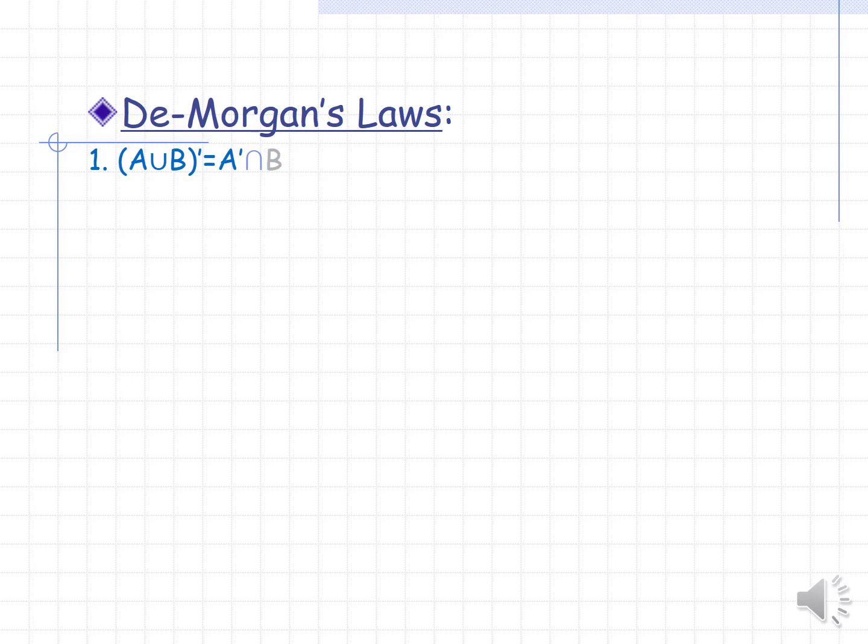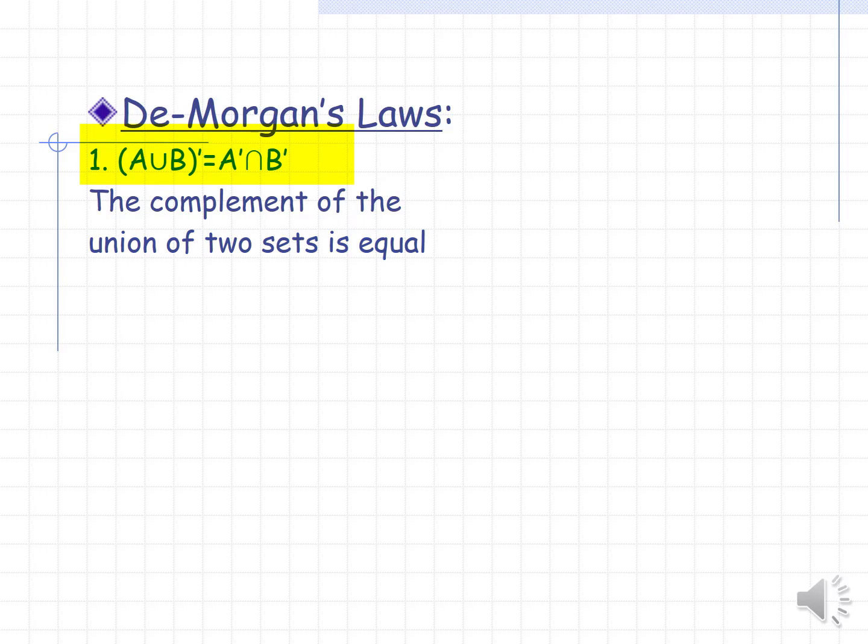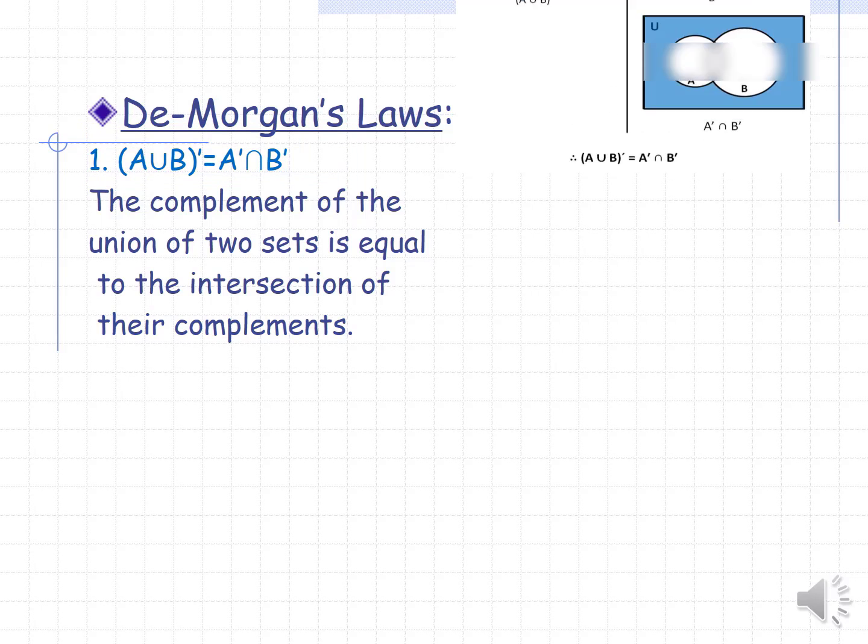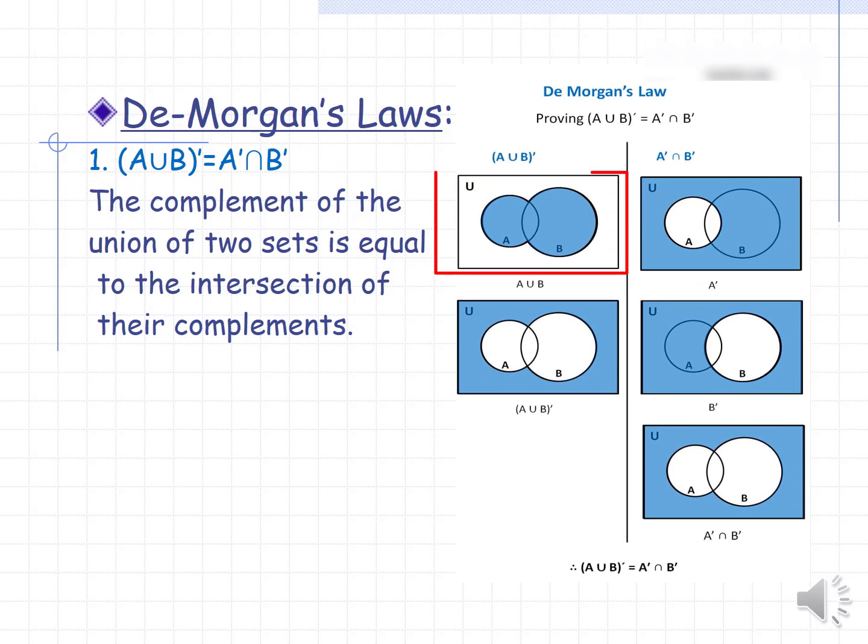De Morgan's law. The first law is A union B complement is equal to A complement intersection B complement, meaning the complement of the union of two sets is equal to the intersection of their complements. In the given figure, on the left hand side, in the first figure the blue shaded area represents A union B, in the second figure the blue shaded area represents A union B complement.